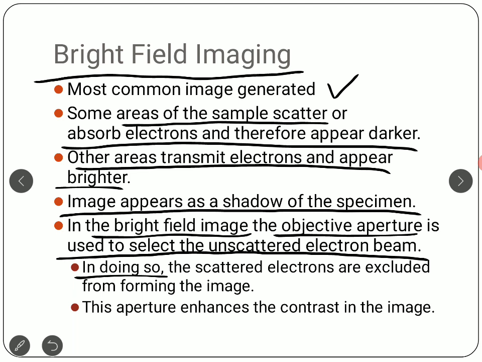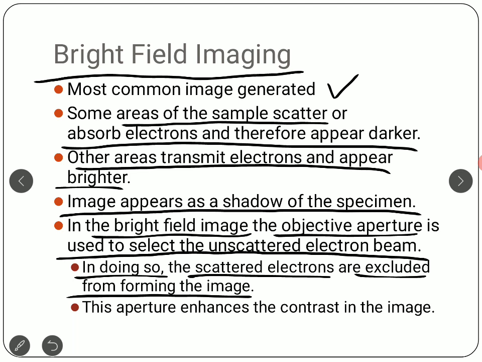And in doing so, the scattered electrons are excluded from forming the image. Whichever electrons are getting scattered or interfered by the atoms or the structure of the system, which get absorbed, are not considered in the imaging part. In the imaging part, only the electrons which directly pass through the sample are considered.